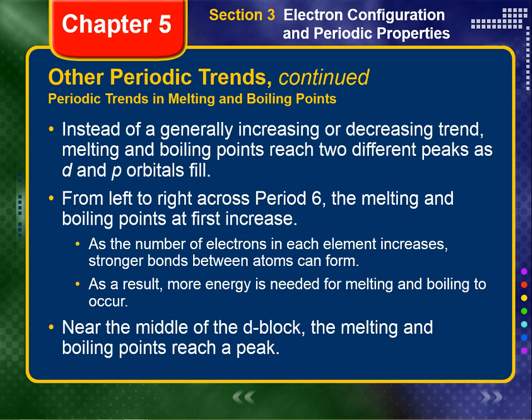Because as the number of electrons in each element increases, stronger bonds between atoms can form, right? When you have strong bonds, it takes more energy to melt or boil that particular element or that particular substance. As a result, more energy is needed for melting or boiling to occur. But near the middle of the d block, the melting and boiling points reach a peak.